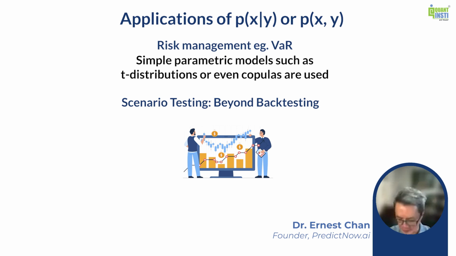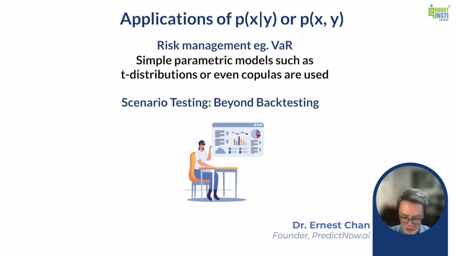I call them prompts, but really they are a number of conditions of the market. You can enter any indicator you want, and you can generate a time series that is conditioned on this market circumstance. And with this simulated series, you can test your trading strategy, stress test your trading strategy.